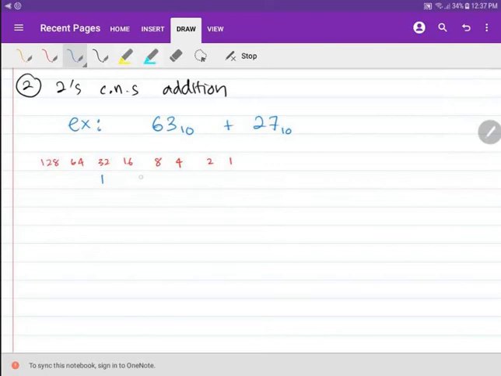How can you represent 31 using these weightages? 16 plus 8 is 24, plus 4 is 28, plus 2, plus 1, 31. So 1, 1, 1, 1, 1. So you manage to solve it. I call this the plugins method. Just kidding.